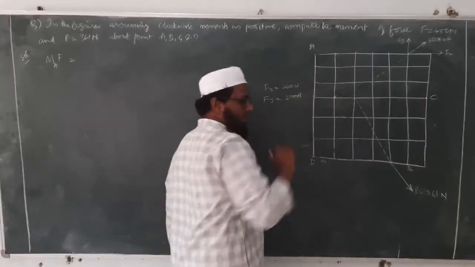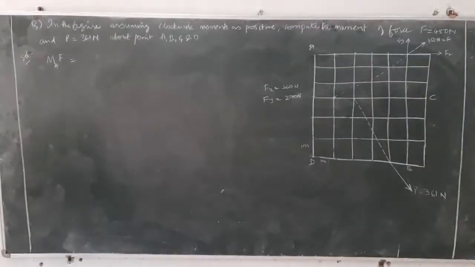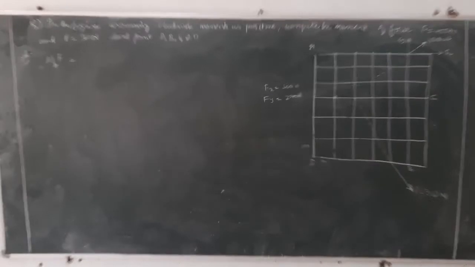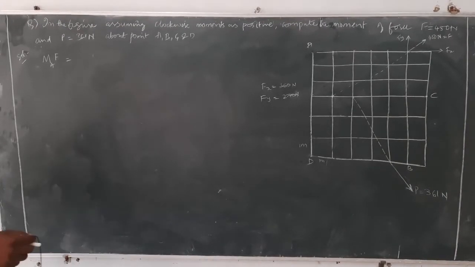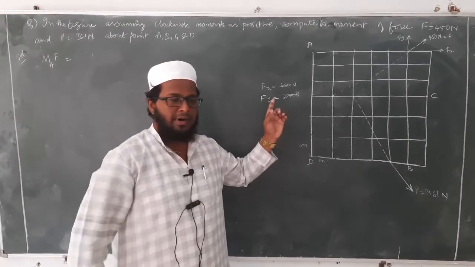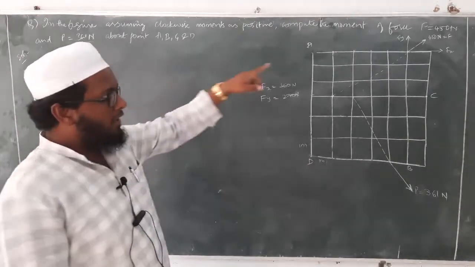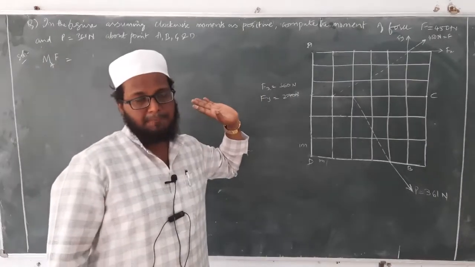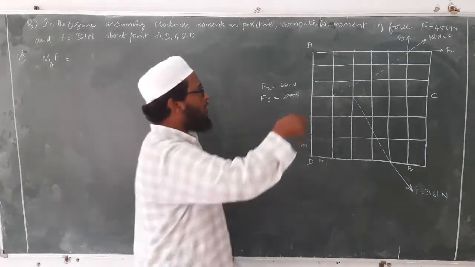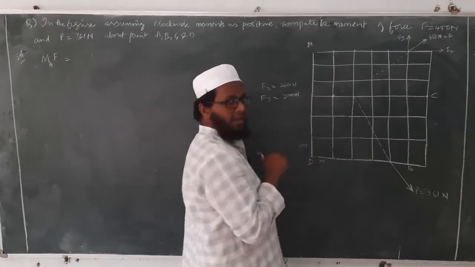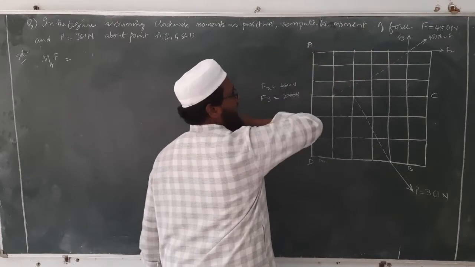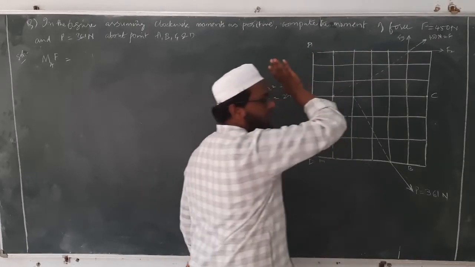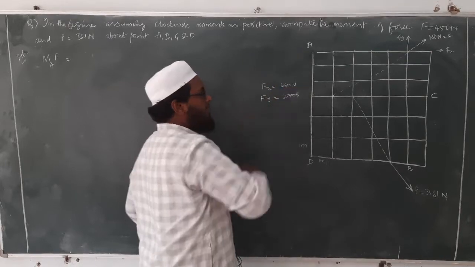You keep your thumb on point A and see, Fx is going exactly in the direction of point A. It is passing through point A. So Fx will become 0.